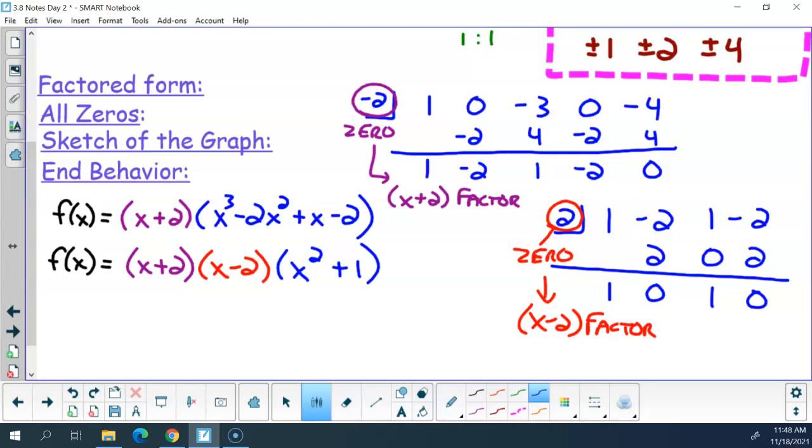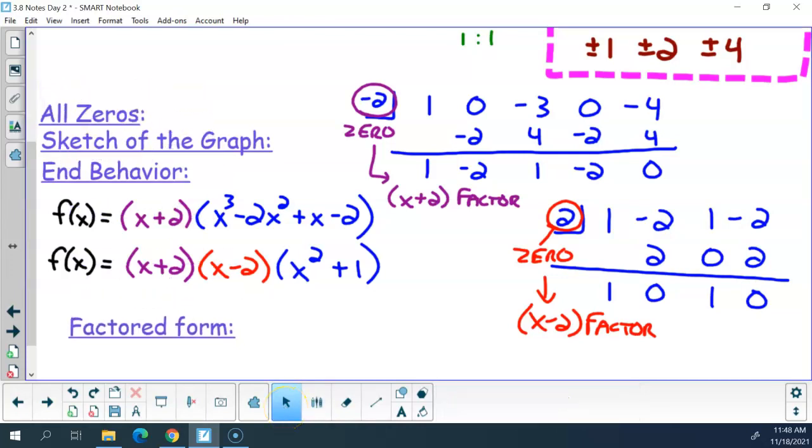Can we factor any more? No, because we have a perfect square and a perfect square, but it's not a minus sign. So that is my factored form.